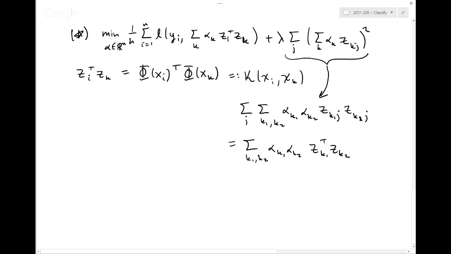That's one way that we can write this. So it turns out that this objective can further just be written as a function of this kernel, because the only places where z appears is as zk1 transpose zk2, or zi transpose zk.